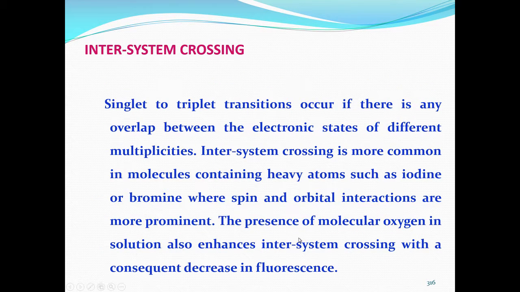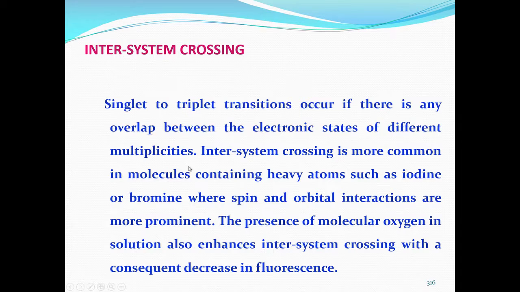So, now I come to the intersystem crossing. So, this is another way of loss of energy. Singlet to triplet transitions occur if there is any overlap of the electronic states of different multiplicities. You remember I had taught you multiplicities of the spectral lines in the initial stages when I was teaching you about the electronic structure of the atoms and molecules.